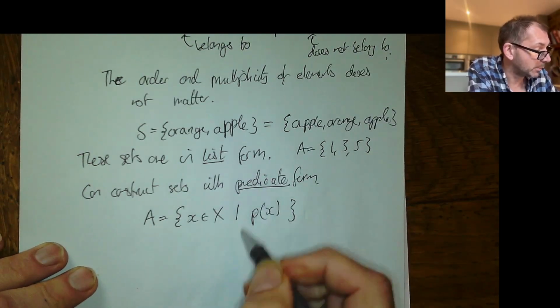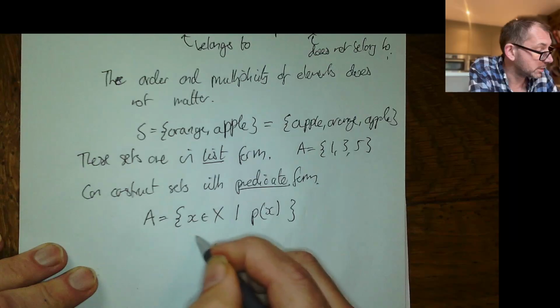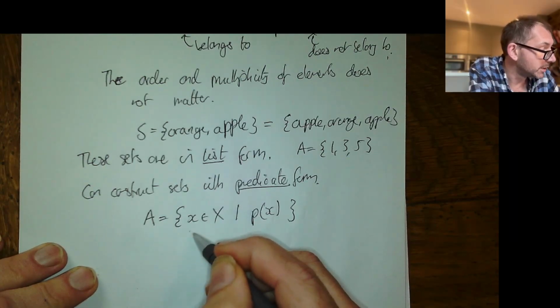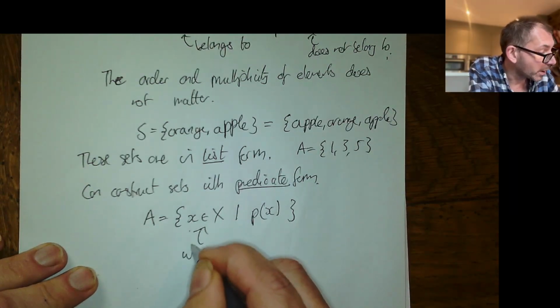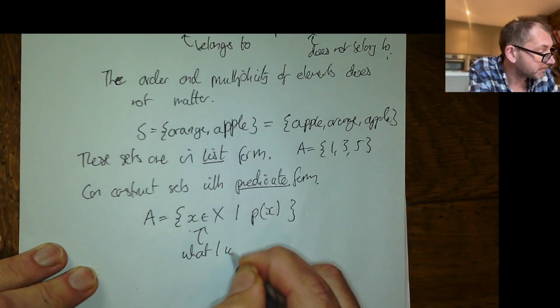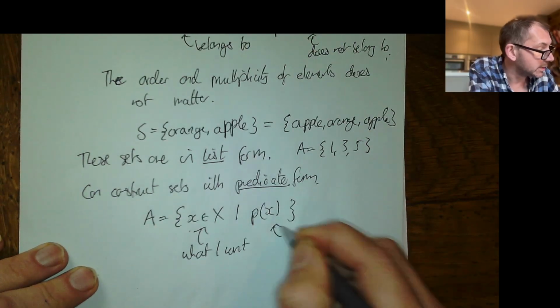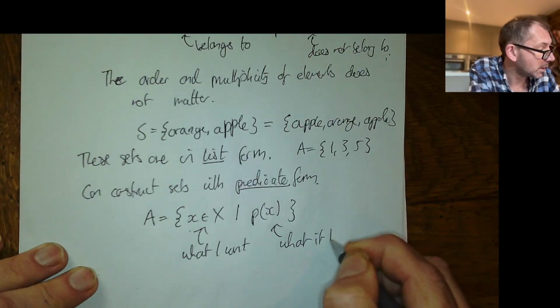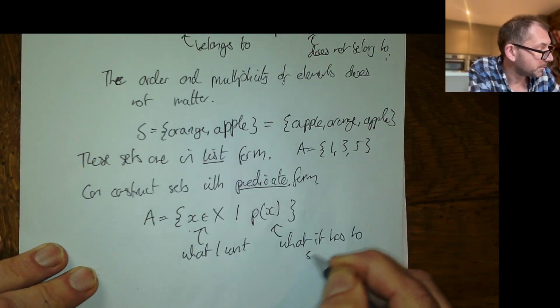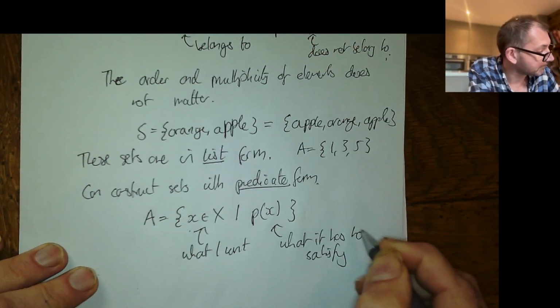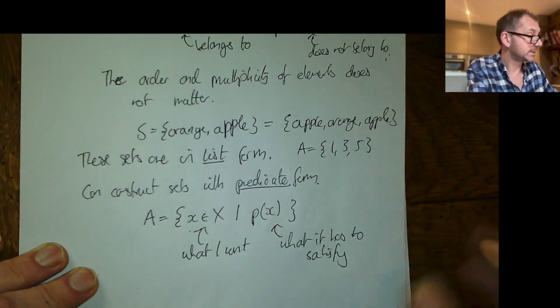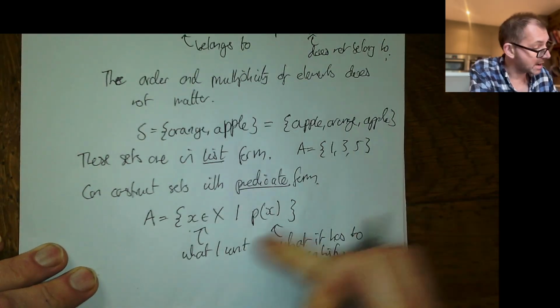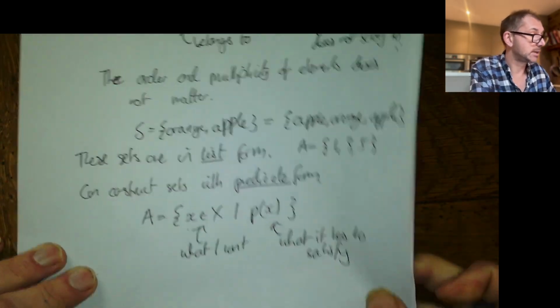So don't worry what predicate means just yet, we'll be looking at that in great detail. But this is what I want, and this is what it has to satisfy. So let's see if we can construct this set A using this mechanism.